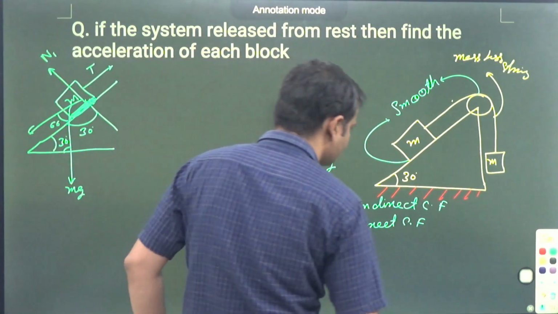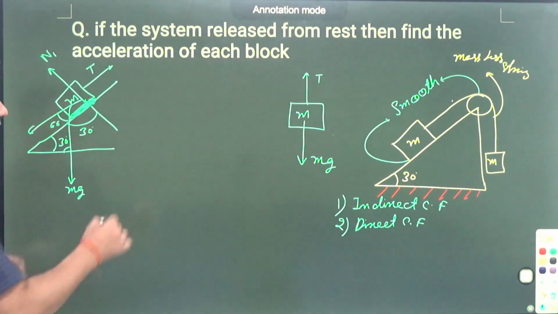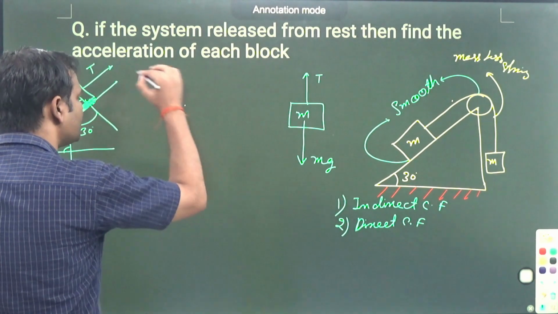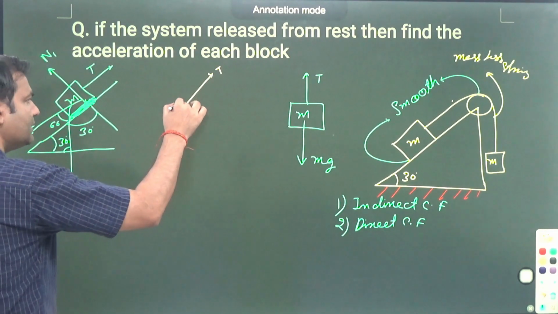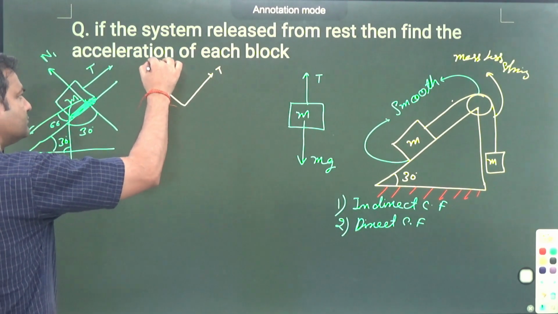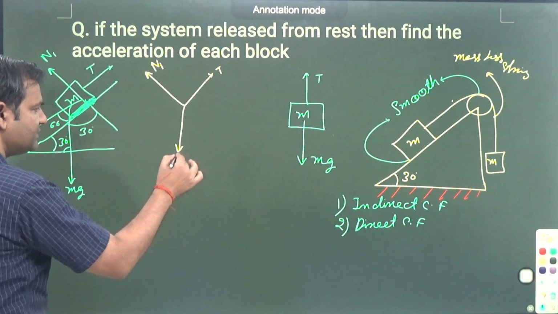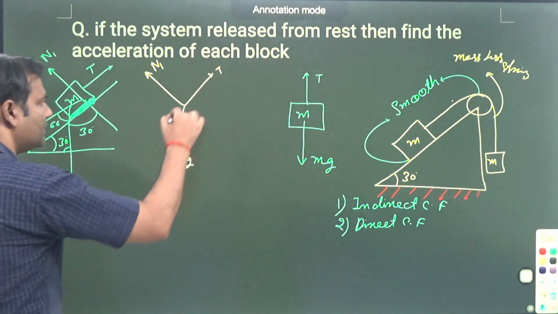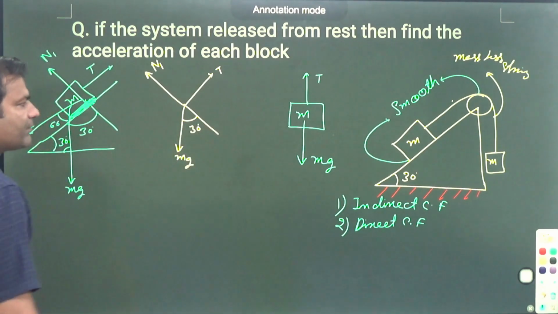Now we assume this mass is a point mass. Here capital T, here N1, and here small mg, and that one is 30 degrees. Clear or not?